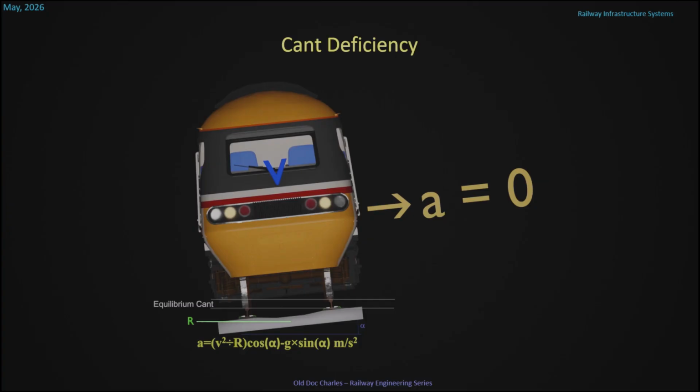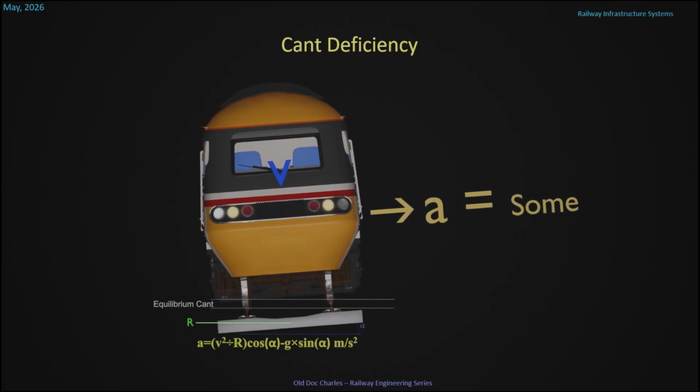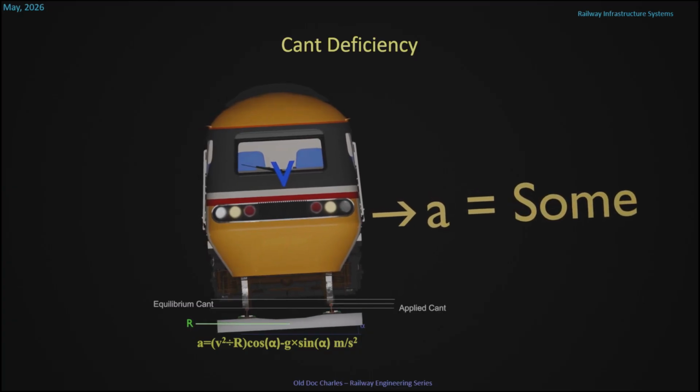So what we do is apply less than equilibrium cant, and that gives some lateral acceleration, which improves passenger comfort. The difference between the applied cant and the equilibrium cant is what we call cant deficiency.